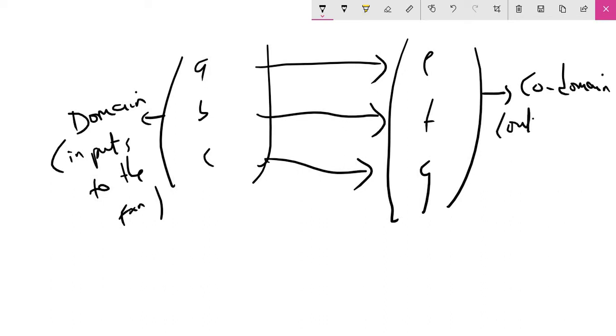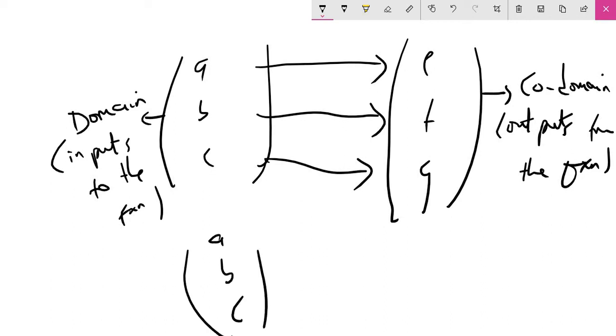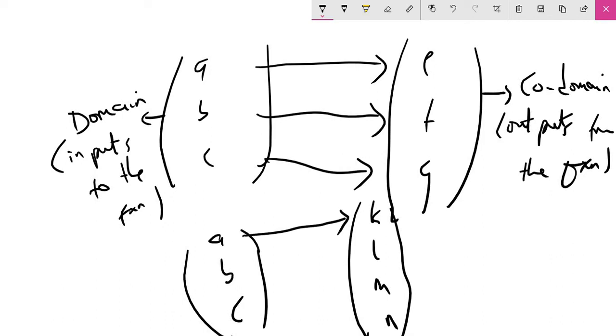Think of it as output from the function. Now the codomain, sometimes we can have, let's use ABC again, but this time mapped to K, L, M, N, and A will only map with this, B will map with say M, and C will go with L.